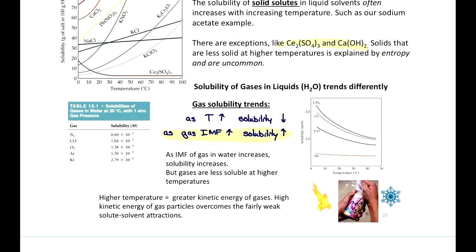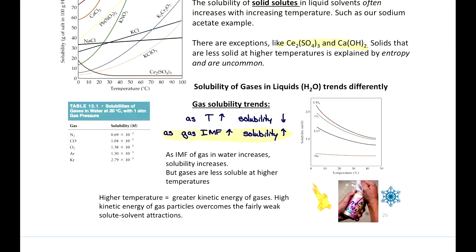All right, so you might be thinking, gases in water, gases dissolved in liquid, that's so weird. But have you ever enjoyed a soda? Yes. Why do we enjoy soda? It's carbonated, it's yummy, the sugar, all of that.